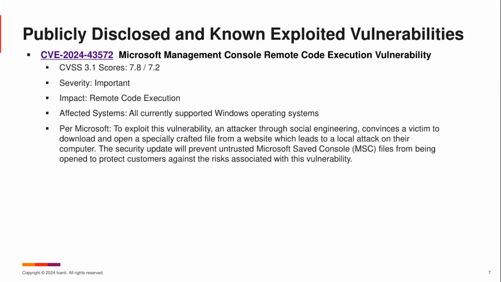All right. So let's get into some more of the details on the specific vulnerabilities that we want to make sure you're aware of this month. The first one is one of the two known exploited vulnerabilities. This one's the Management Console Remote Code Execution vulnerability.